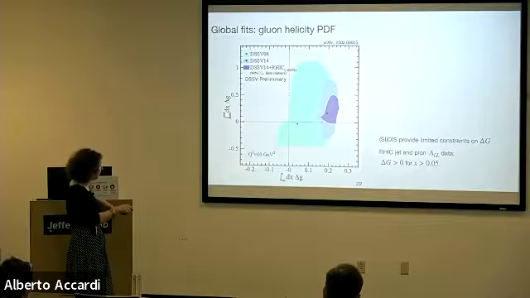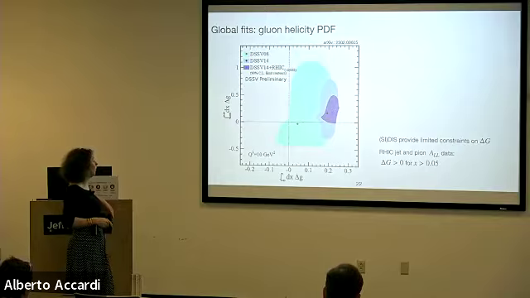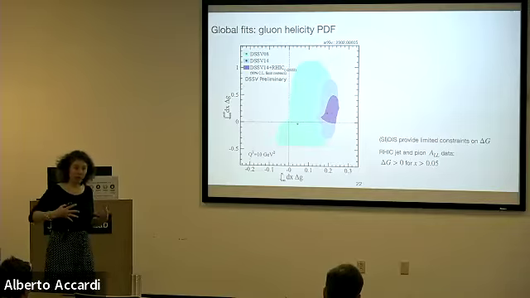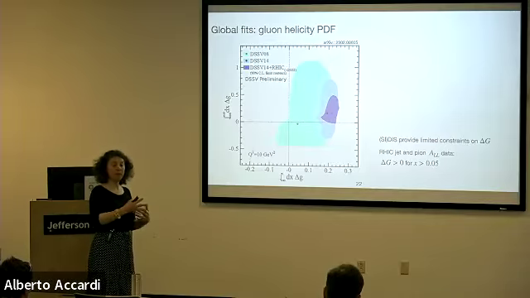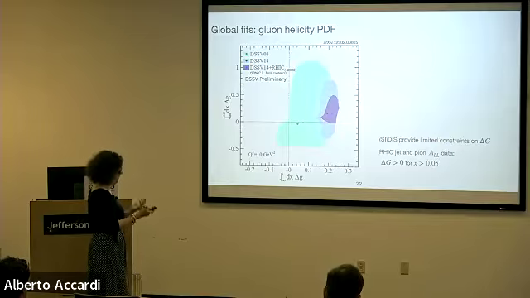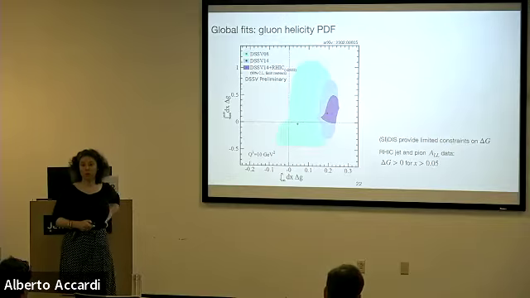And what this shows is that for x above 0.05, the gluon helicity is positive. So it means that your gluon spin is aligned with your proton spin, and that its spin also contributes quite substantially to the proton spin.